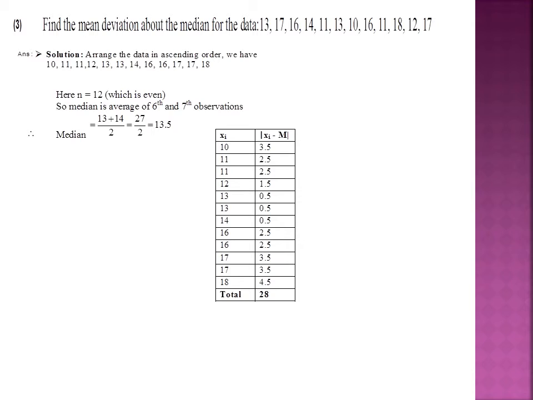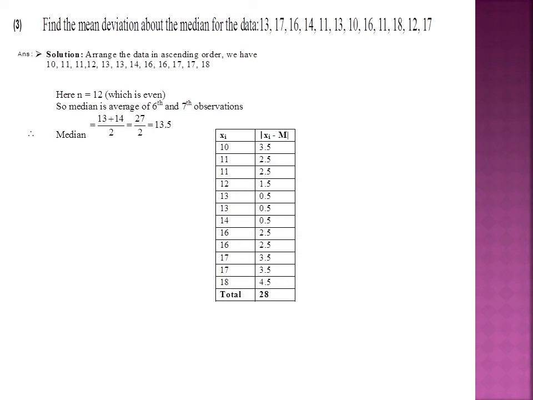So 10 minus 13.5 would be minus 3.5, but it's a modulus, so that would be 3.5. 11 minus 13.5, 2.5, again 2.5. 12 minus 13.5, 1.5. 13 minus 13.5, 0.5, 0.5. 14 minus 13.5, 0.5. 16 minus 13.5, 2.5. 17 minus 13.5, 3.5. And the last, 18 minus 13.5, is 4.5.